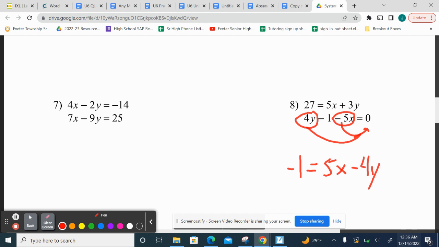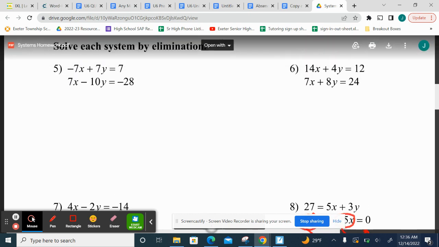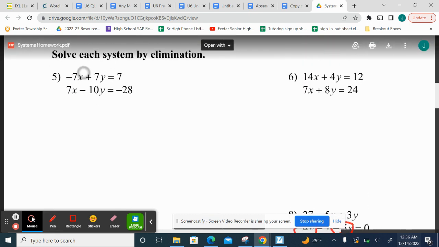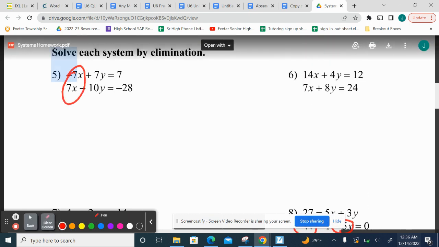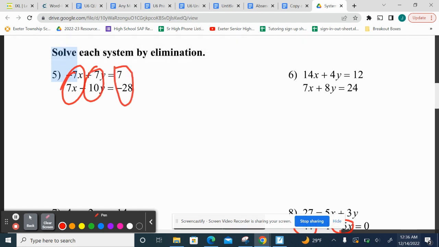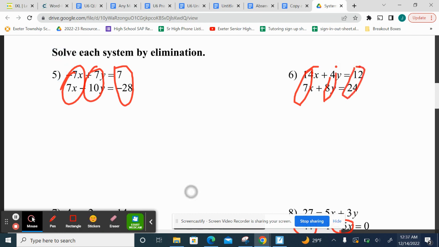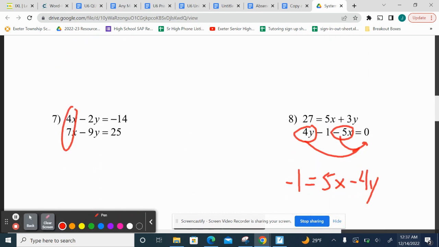Okay, but everything else is lined up. And what I mean by lined up is x on x, y on y, and number on number, and the equal sign's in the same spot. Same thing here. X on x, y on y, number in the same spot.